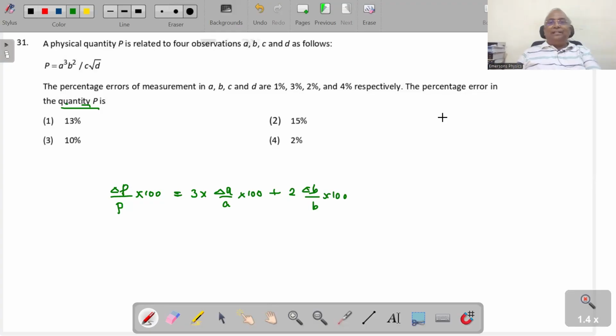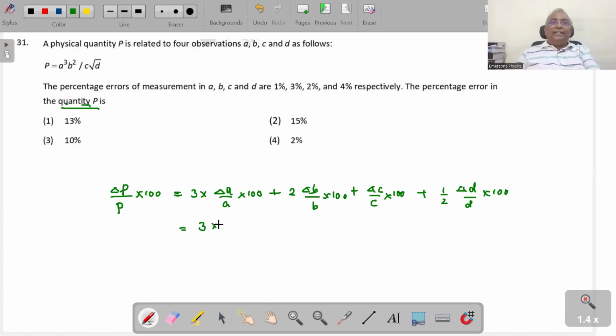Here, even though it is division, you should add del C by C into 100. There is no power for C. Whereas D, half into del D by D into 100. That's all. Now, we will substitute the percentage error of each data.